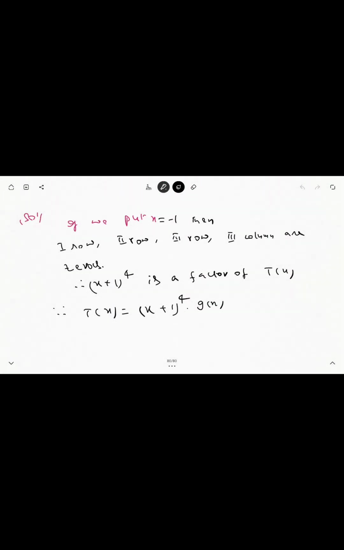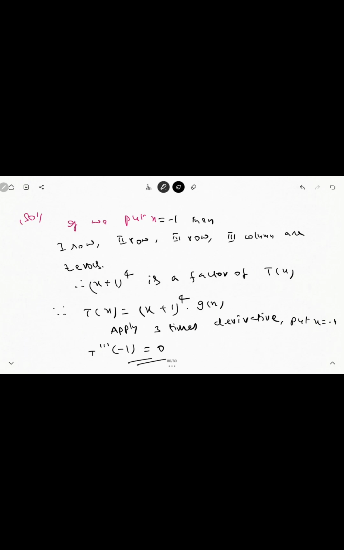Now apply 3 times derivative. Just UV rule, apply 3 times derivative 1 by 1. Put x equal to -1, we will be getting 0. 0 is the answer.